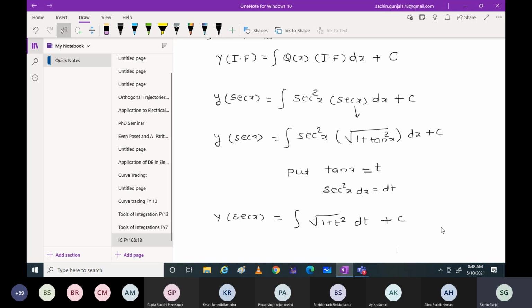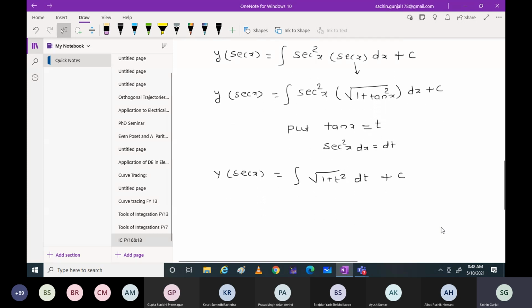Now you will have to recall a formula from 12th standard. So integral of under root 1 plus x square dx, or in fact a square plus x square. Let me make it a square plus x square dx.